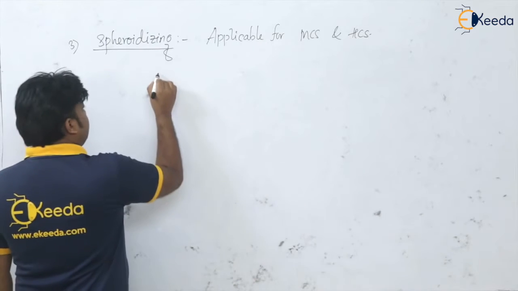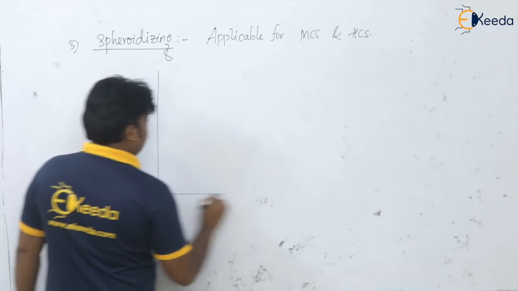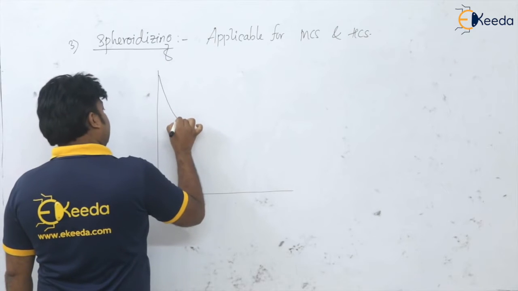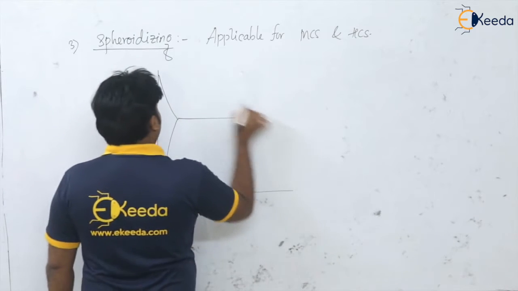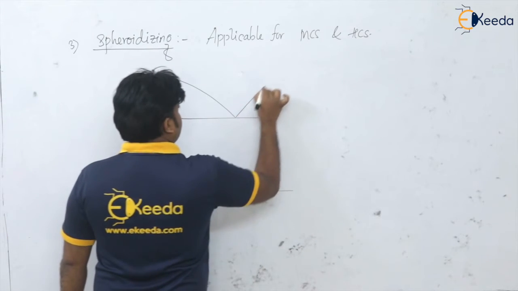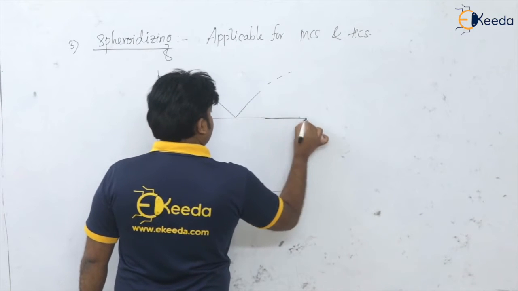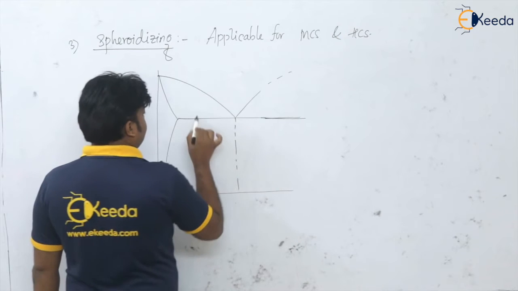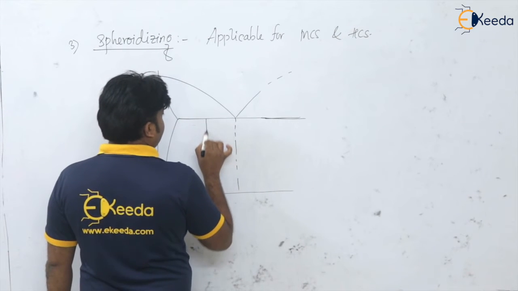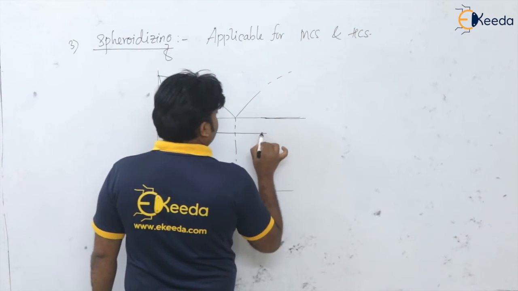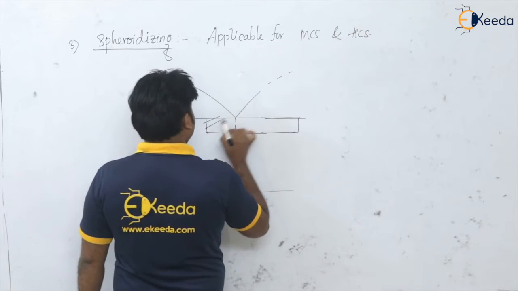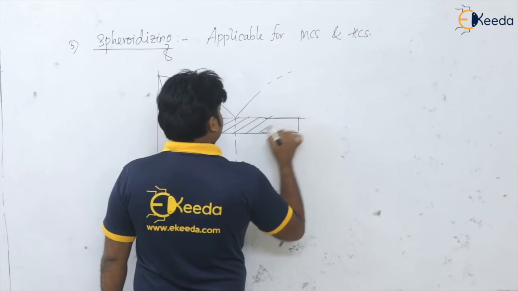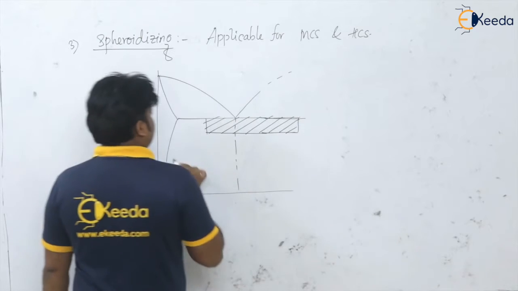So if you look at this spheroidizing process, again if I am having this eutectoid transformation, so here see, this is actually the temperature range for the spheroidizing.